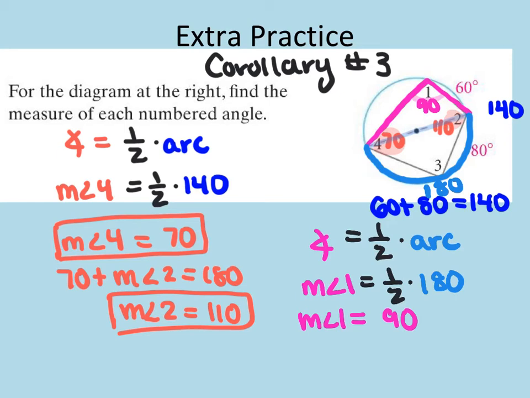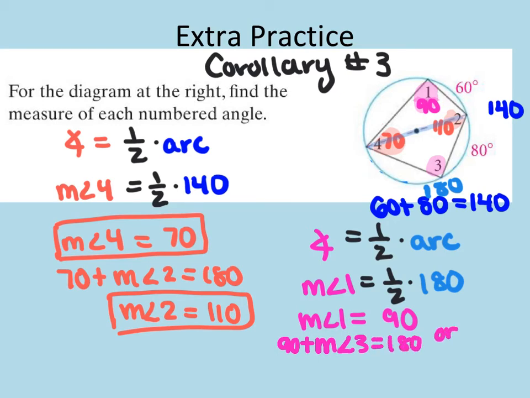Now the last part is I have to find the last angle in the figure, which we can do a couple of different ways. We could use the fact that all the angles in a quadrilateral should add to 360, or we could just simply use the fact that the opposite angles are supplementary. So we could use that this angle plus this angle should add to 180. So I could say that 90 plus the measure of angle 3 should equal 180.